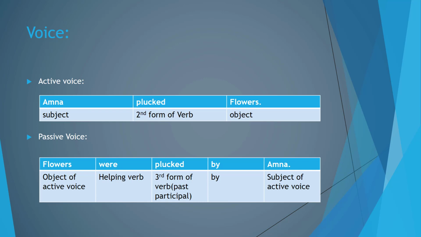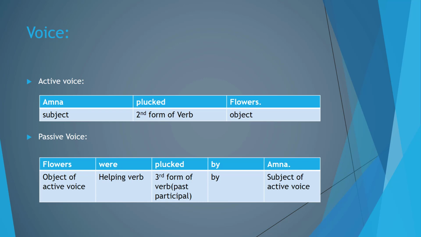But when we convert it into passive voice, object comes in the beginning and subject comes at the end. Secondly, we use a helping verb in accordance with the subject. Means we use singular helping verb with a singular subject and plural helping verb with a plural subject. Thirdly, we use third form of verb. It is an extremely important point. No matter either the tense is past, present, future, either it is simple, continuous or perfect, always use third form of verb in passive voice.